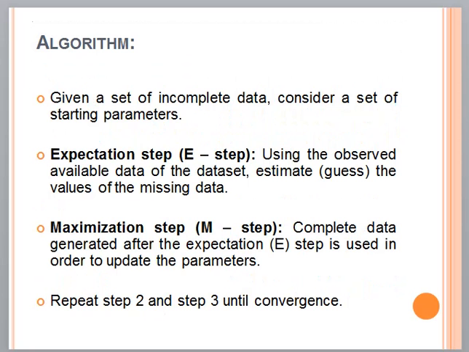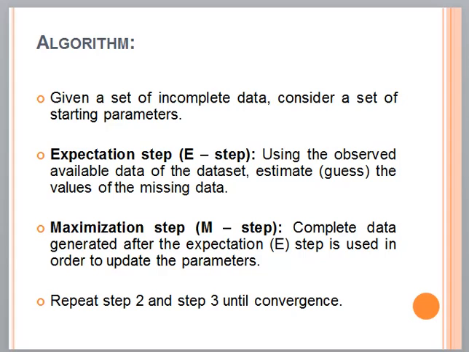So here are the main steps of the EM algorithm. We are given a set of incomplete data. Consider a set of starting parameters, right? So initially we don't have a complete or fully observable data set. So we have an incomplete data set, and we will be performing two different modes on it, as we discussed earlier.